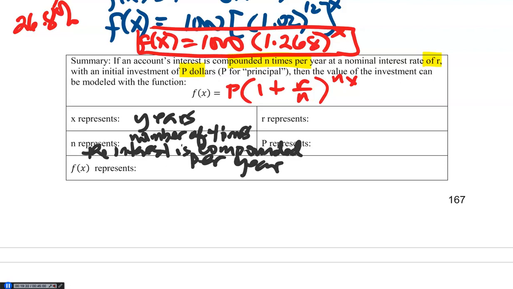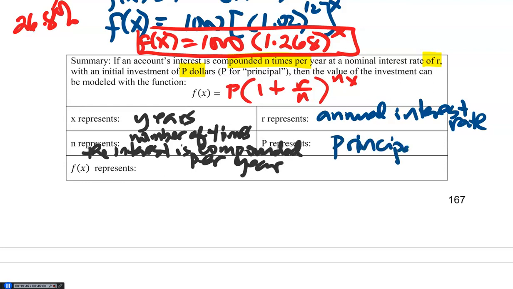R represents the annual interest rate. P represents the principal amount. And f of x, that is the total amount of investment.